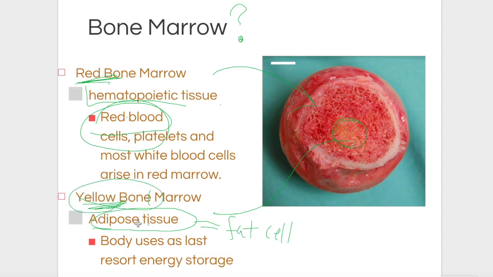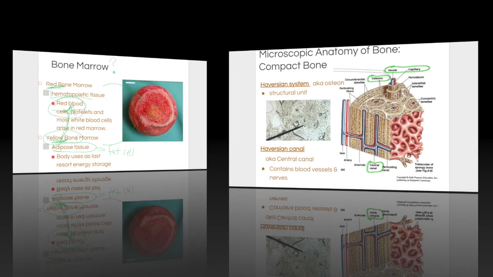But what's really interesting, anytime there's any kind of traumatic event such as an injury, our yellow marrow will pretty quickly convert into red marrow in order to help replace all of the blood loss during some sort of trauma.